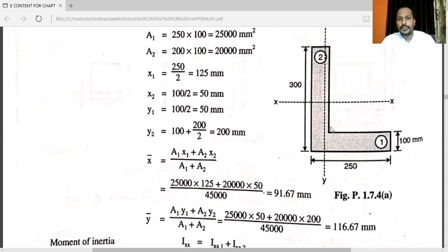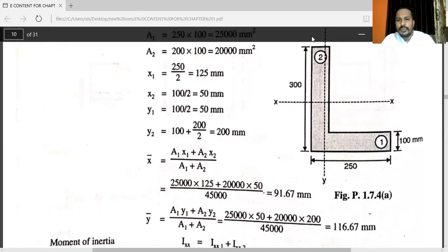See, now we have the y bar distance, that is distance from base, distance from horizontal axis, the vertical distance, that is 116.67. So from base, you have to draw one line. From this vertical axis, you have to draw one dotted line that already I've shown you in the diagram.